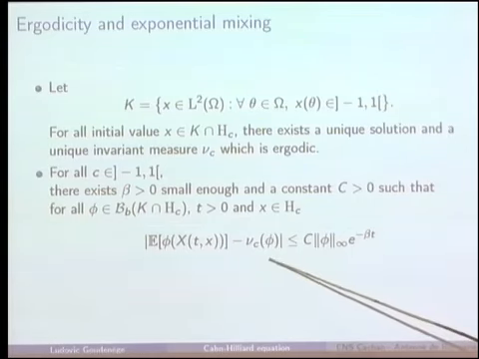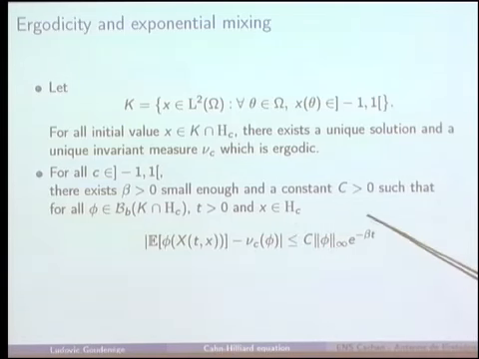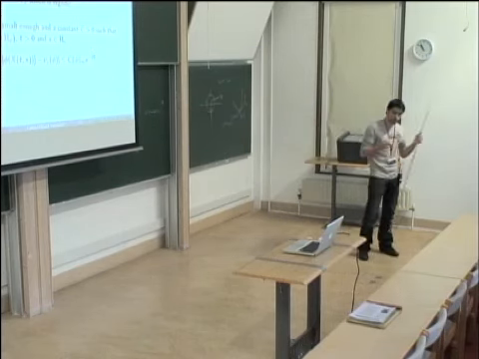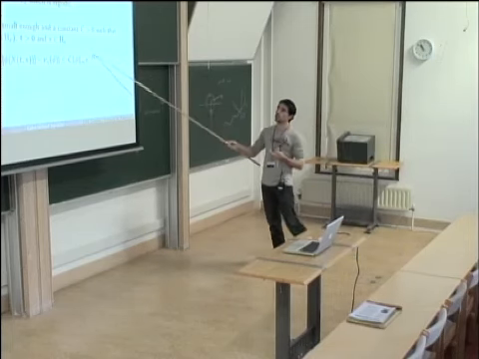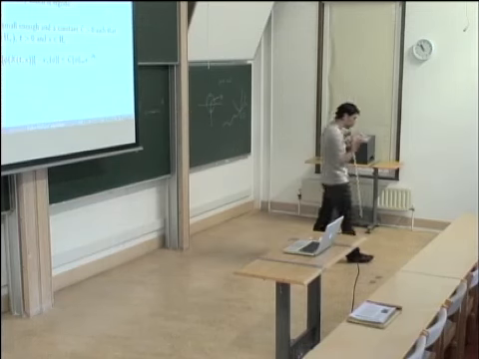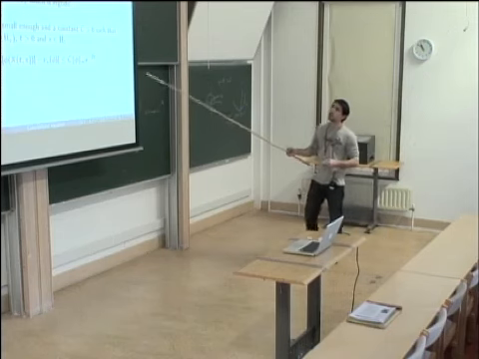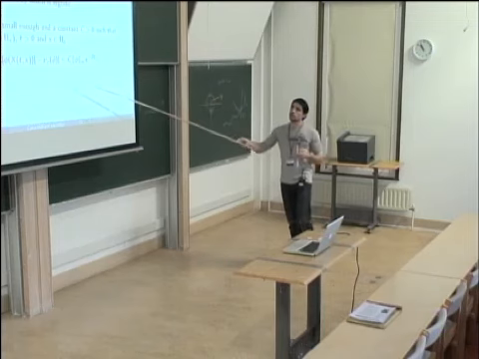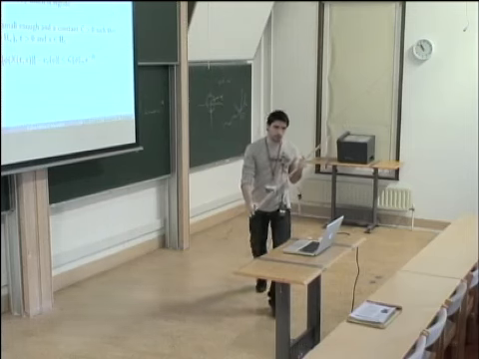You have the invariant measure. So the solution is exponentially close to the invariant measure. Okay, so it's an exponential mixing which explains that actually the solution is always very near to the invariant solution.